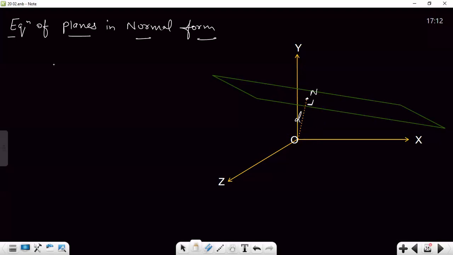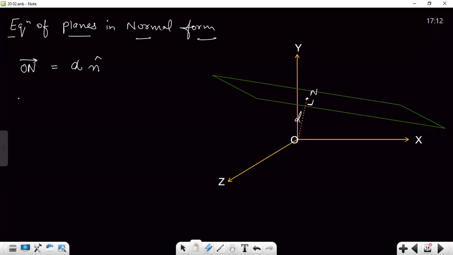ON vector. We know its magnitude is d and its direction, let's call its unit vector, is N cap. N cap is the unit vector perpendicular to the plane. Now, N cap is the normal unit vector.